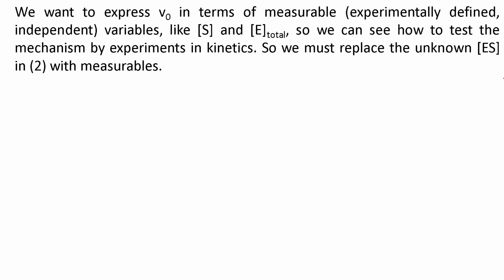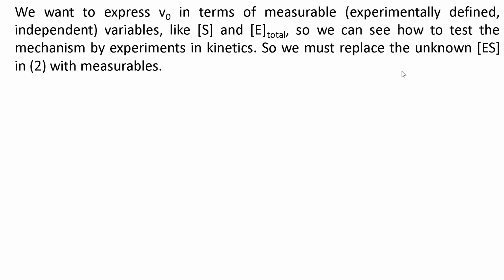Now, we want to express V0 in terms of the measurable kinetic variables we have talked about before, these experimentally determined independent variables such as substrate concentration and total enzyme concentration. So we can see how to test for the mechanism by experimental kinetics.